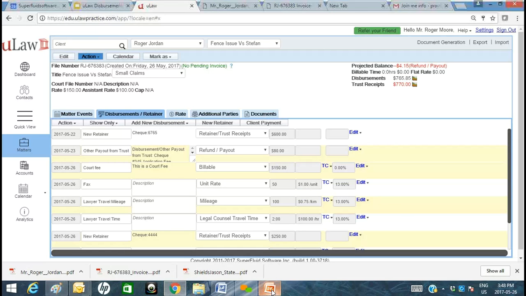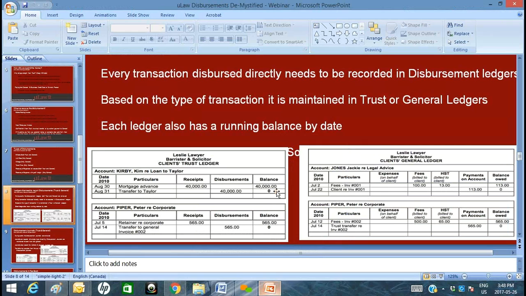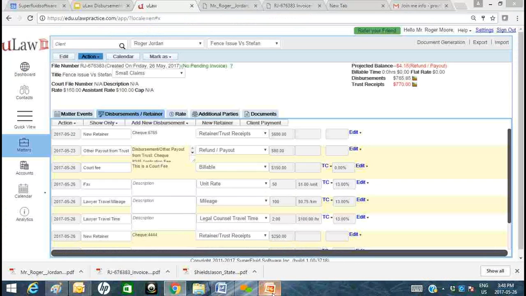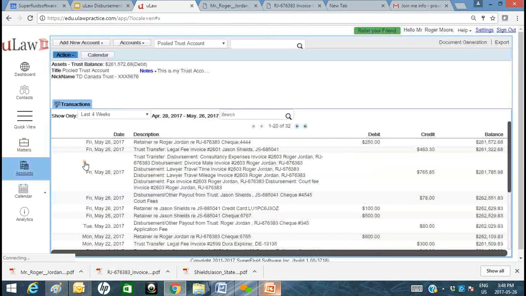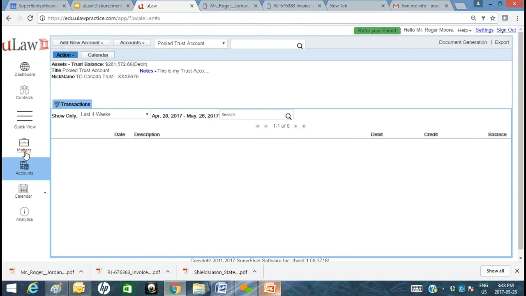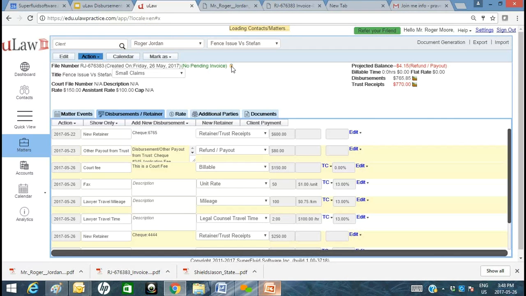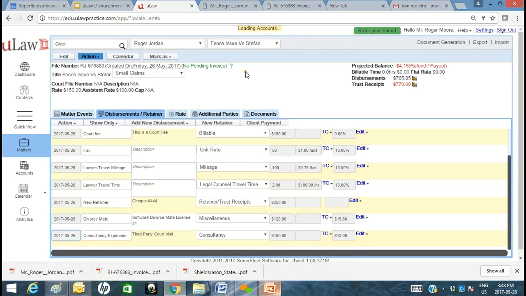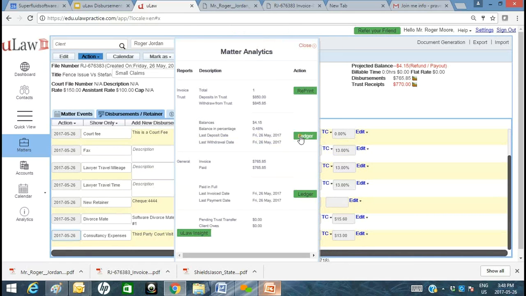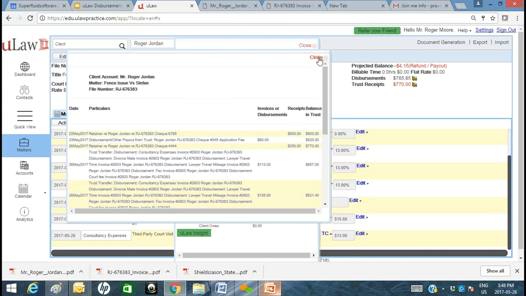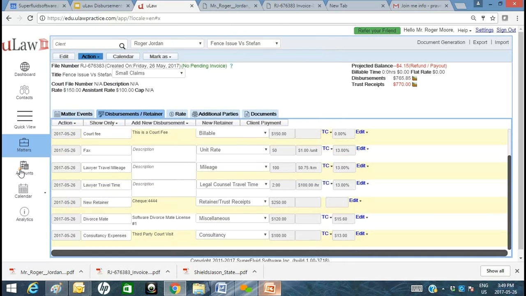So let's look at the trust and general ledgers. To do that, you can either stay in the matter, or even better, generate a report.